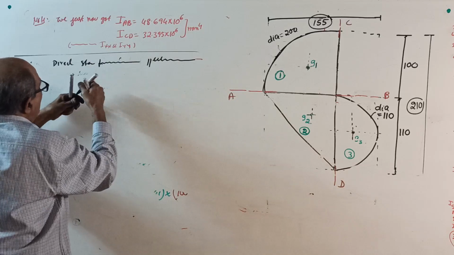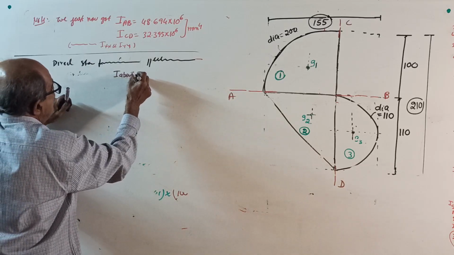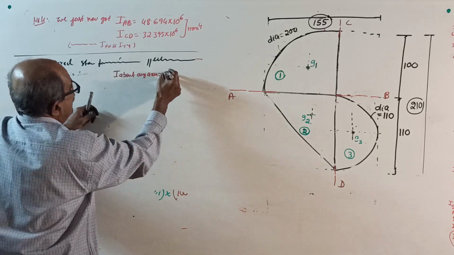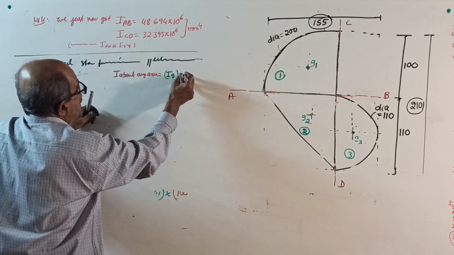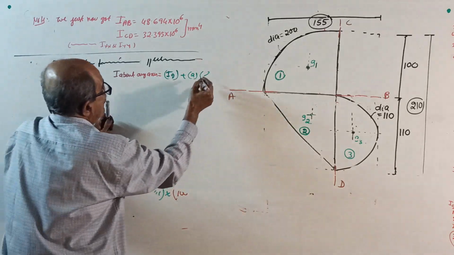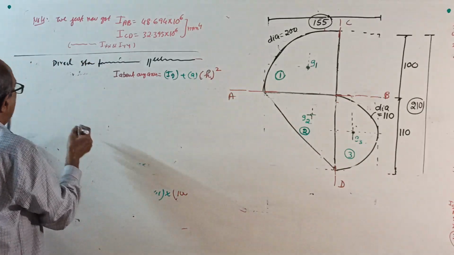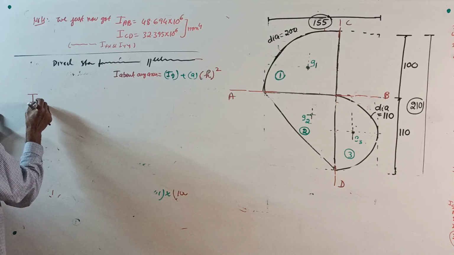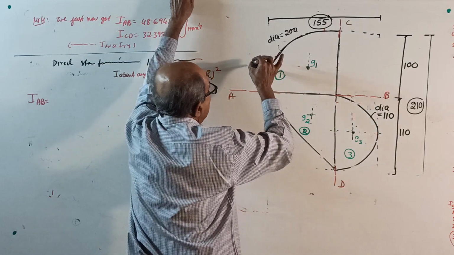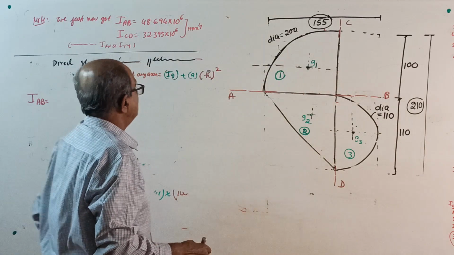That is, I about any axis equals IG plus area into H square. Now start. I about AB. Part 1 I will do first. About its own centroidal axis. Quadrant.